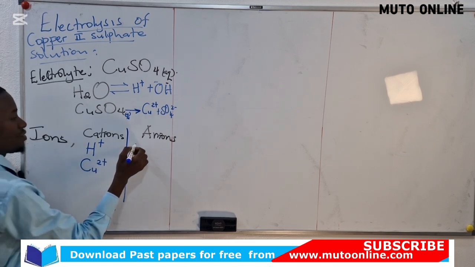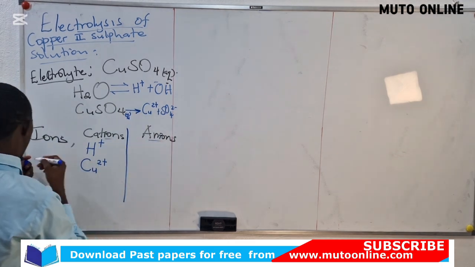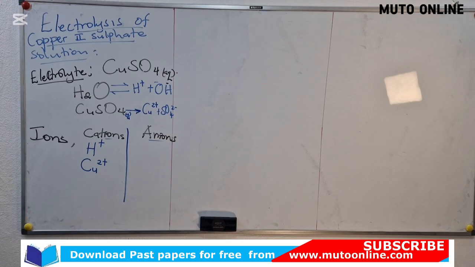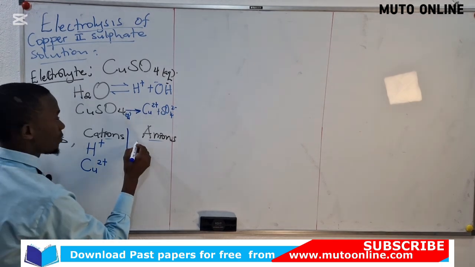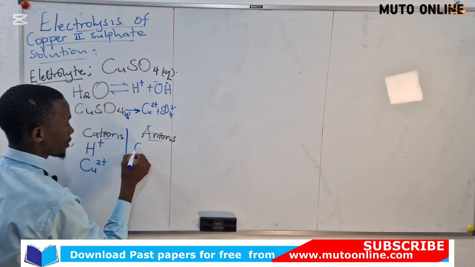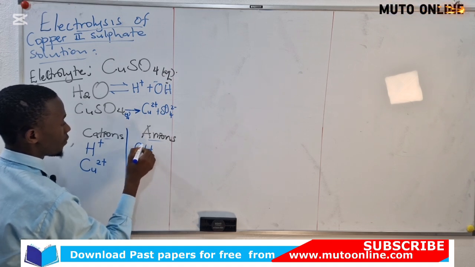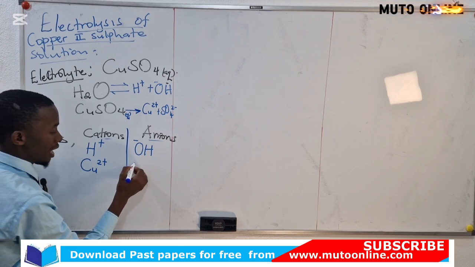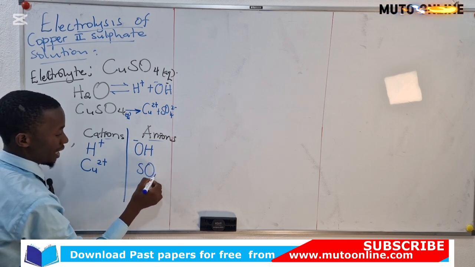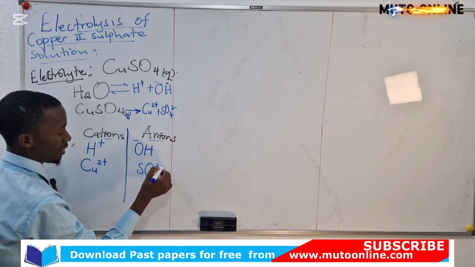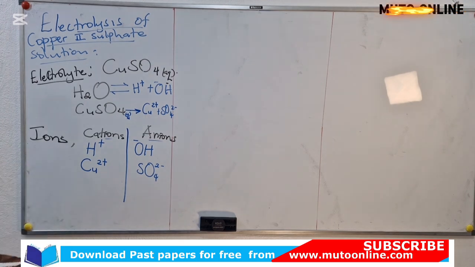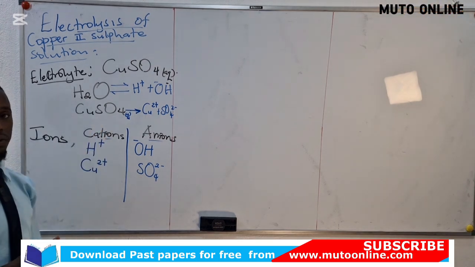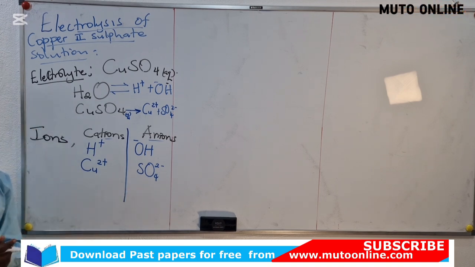So the anions we have are the hydroxide ions from the ionization of the water, and then the sulfate ions from the ionization of the copper II sulfate salt in the electrolyte. So these are the ions present.